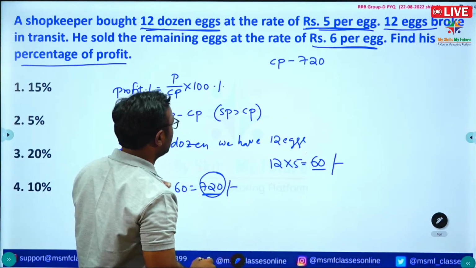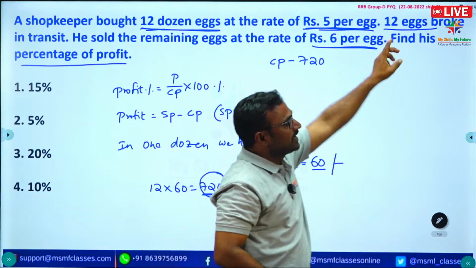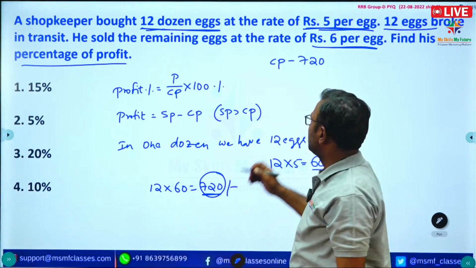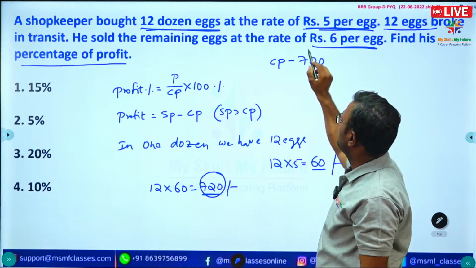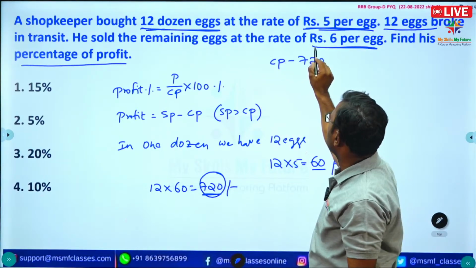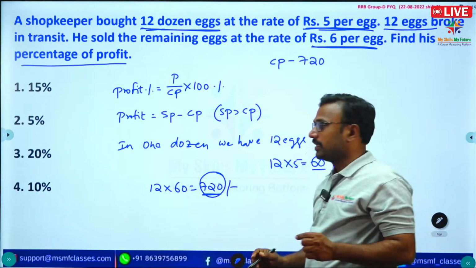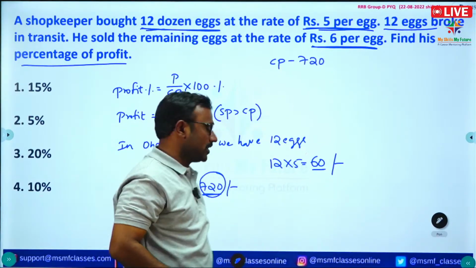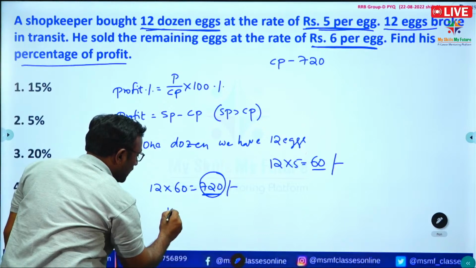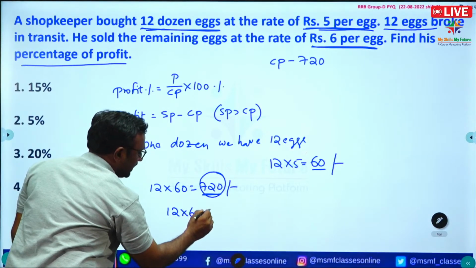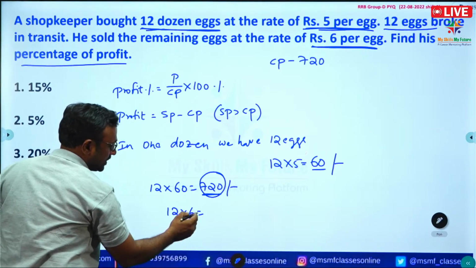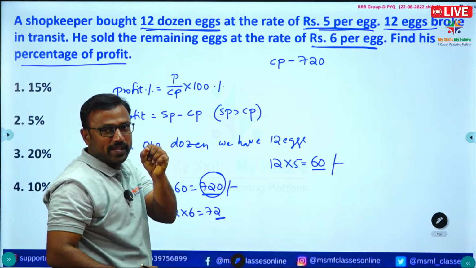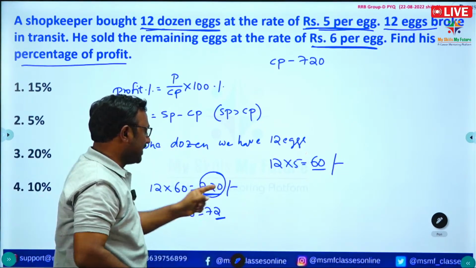But here 12 eggs broke in transit, and the remaining eggs are sold at the rate of 6 per egg. Each egg's selling price is 6 rupees, so 12 into 6 is 72. So the selling price of 1 dozen eggs is 72.